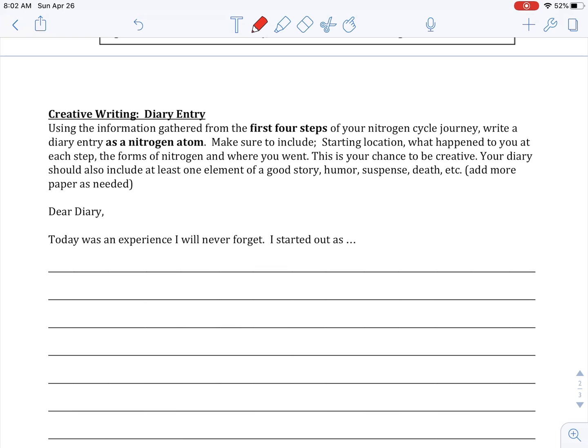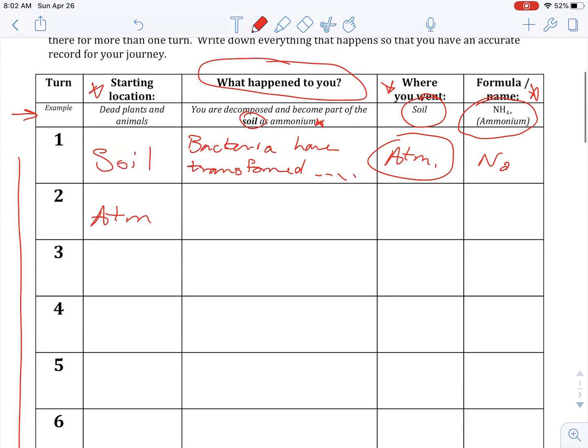So you are going to write a diary entry. You're going to pretend that you are that nitrogen atom, and you're going to write the diary for the first 4 steps of your adventure from up above. So step 1, step 2, step 3, and step 4.